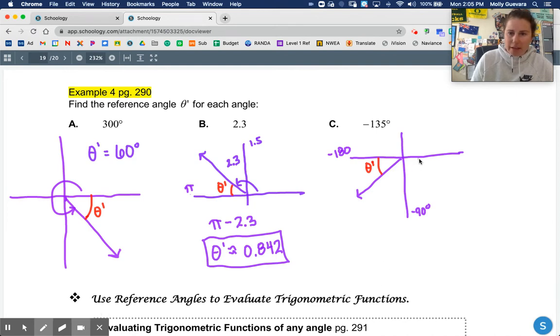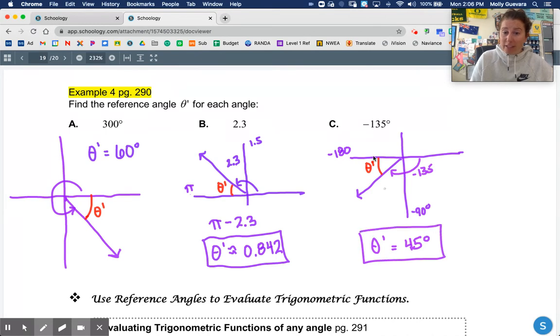If this is negative 135 and I'm going to 180, I can just find the difference. How much more do I have to go to get to 180? So theta prime is about 45 degrees. I don't need to put negative. I just know that I need to go another 45 degrees to get to the x-axis, essentially to get to the 180.